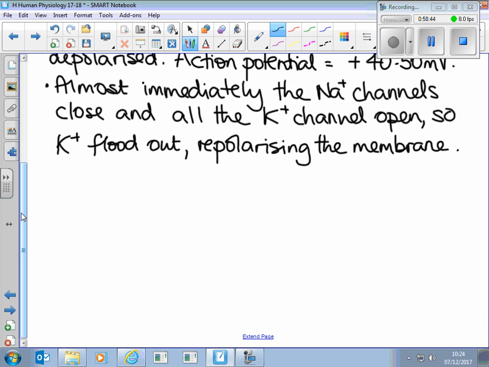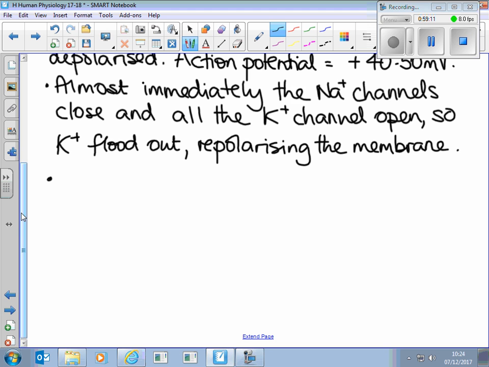And it actually overshoots past minus 70. Now, the thing about that is it has to be sort of set back to minus 70, so the active transport start up again. But there is a sort of useful side to that, because it does mean that you can't then send another impulse down that nerve too quickly. It's got to wait till it's reset.